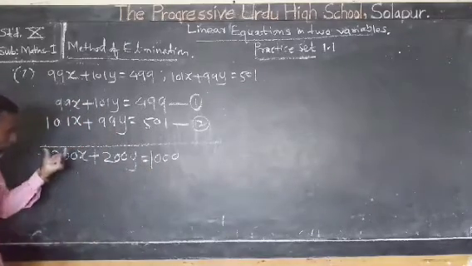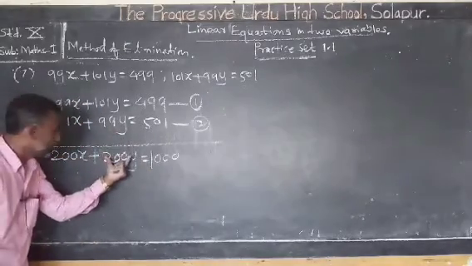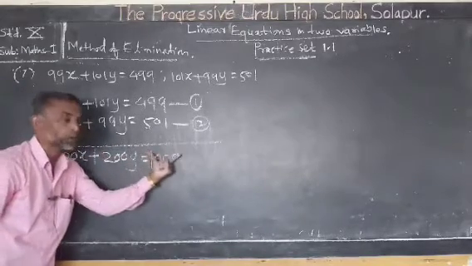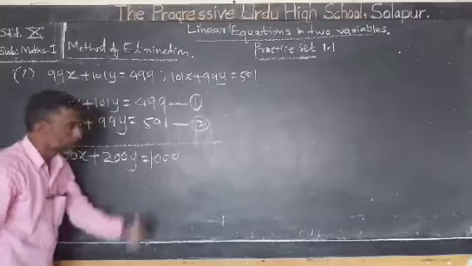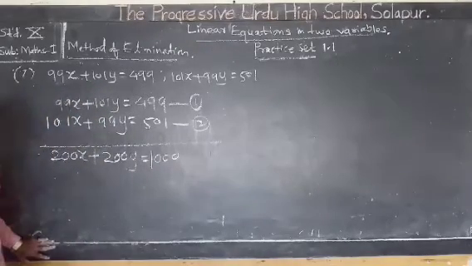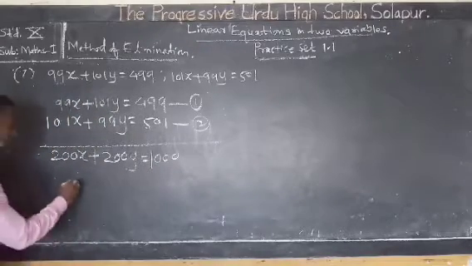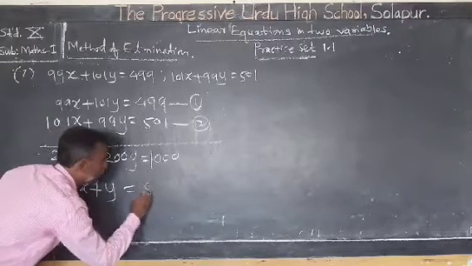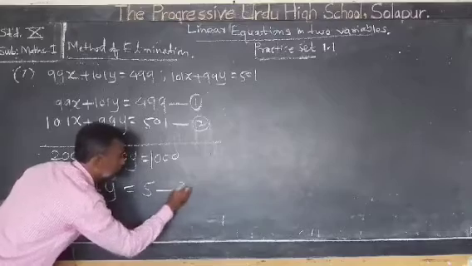In this way, 200x plus 200y is equal to 1000. Now, divide each term by 200. You will get x plus y is equal to 5, equation number 3.